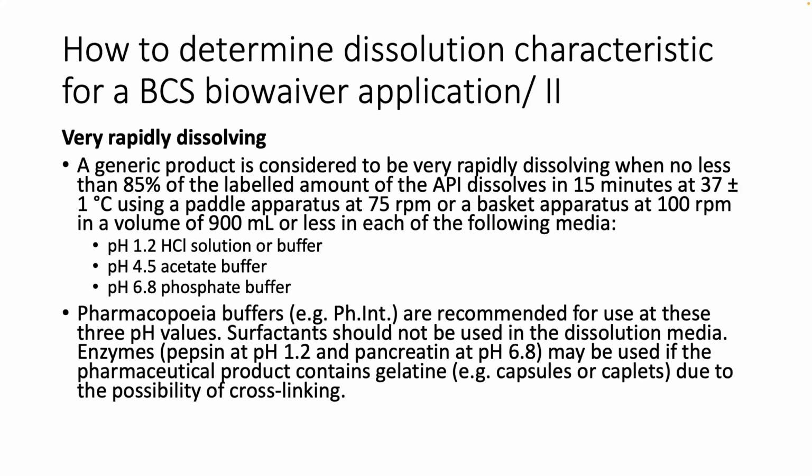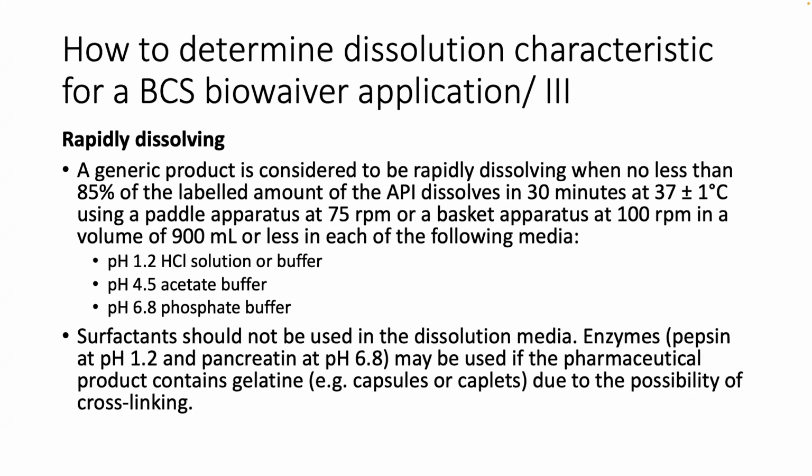This is just about the buffers, the media. Now, for rapidly dissolving, no less than 85% dissolves in 30 minutes at the same temperature, same RPM, at 1.2 HCl, 4.5 acetate, 6.8 buffer. Surfactants should not be used in dissolution media. Enzymes may be used if the pharmaceutical product contains gelatin.